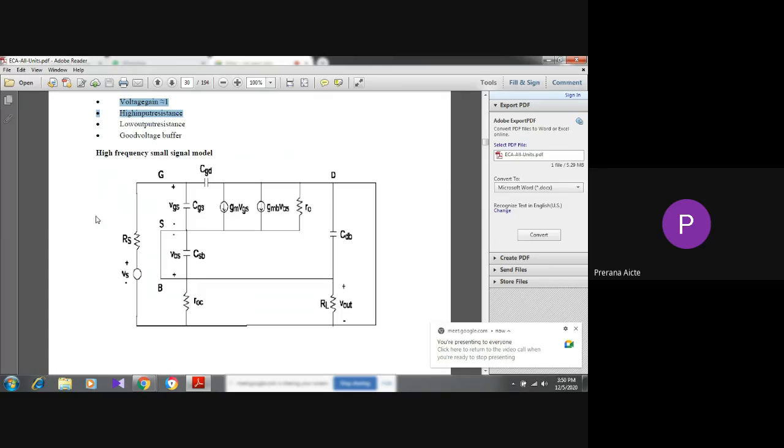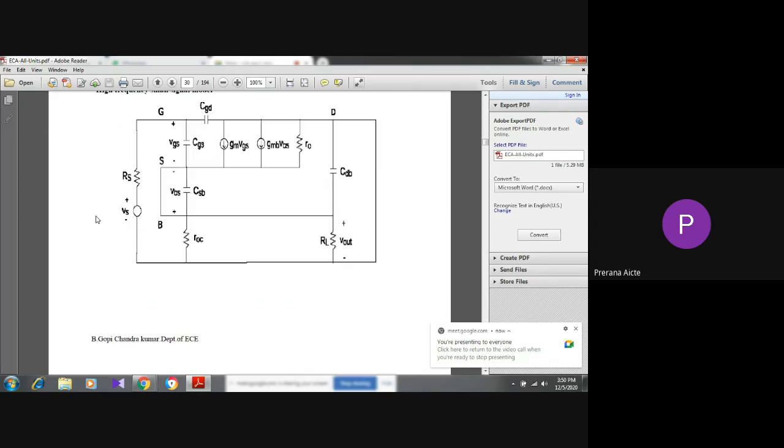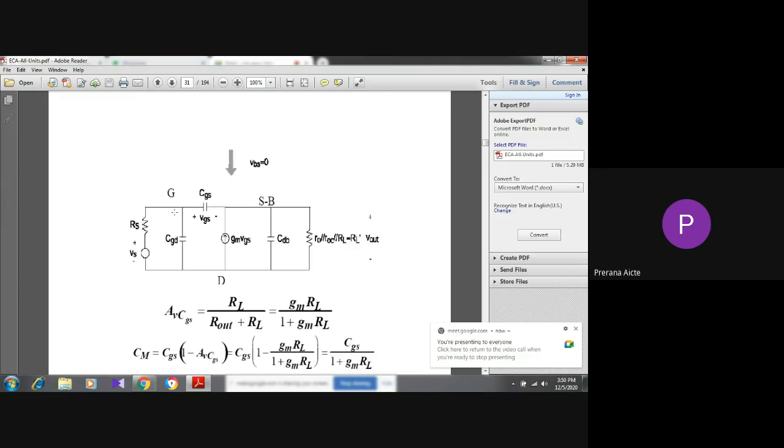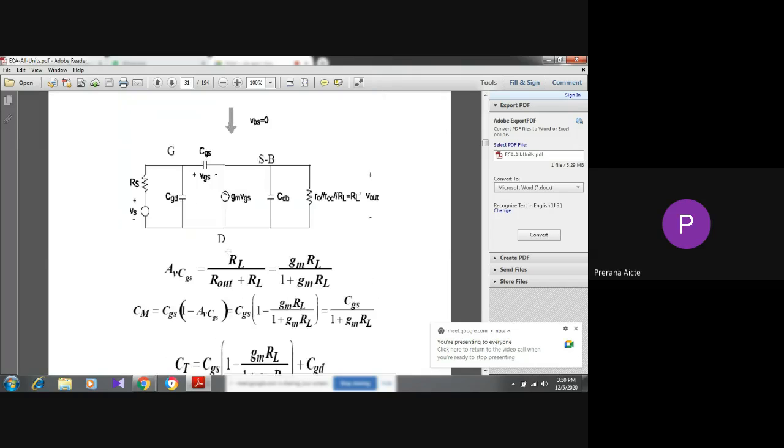So this is the high frequency small signal model. Now, after simplification of this figure, we will get this figure.